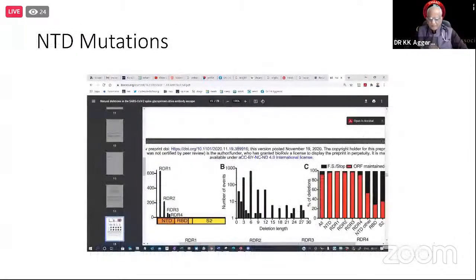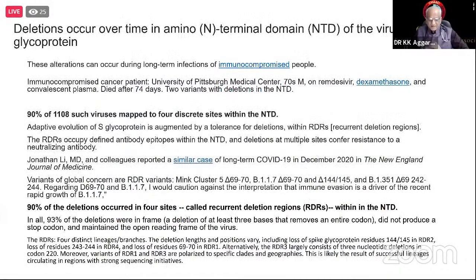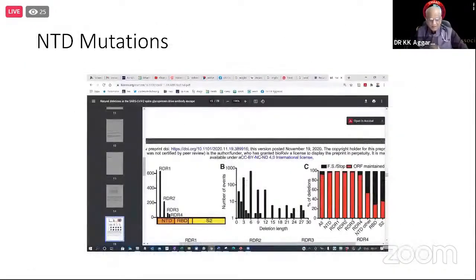Let us see them. These sites are called recurrent deleting regions, and they are RDR1, RDR2, RDR3, and RDR4 positions.